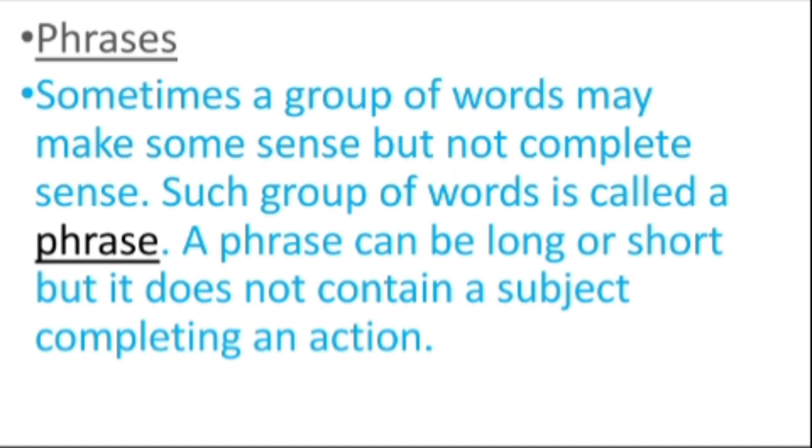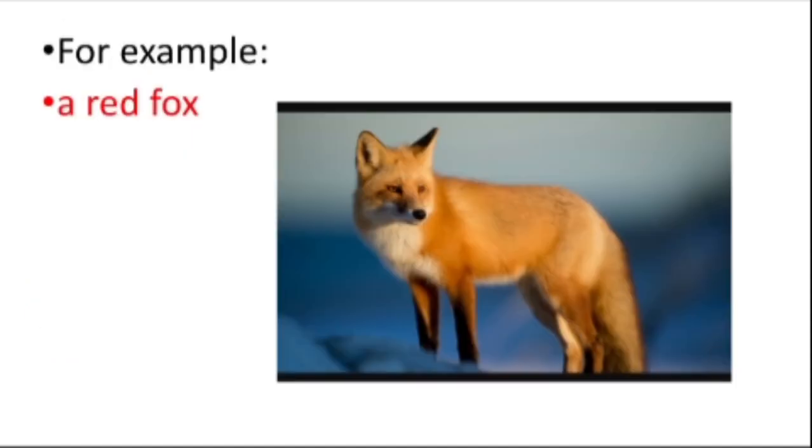Sometimes a group of words may make some sense but not complete sense. Such a group of words is called a phrase. A phrase can be long or short, but it does not contain a subject completing an action. So students, now let us understand this with the help of examples.